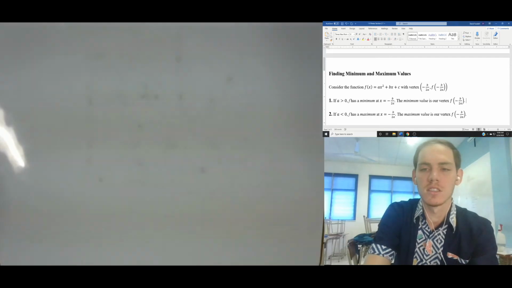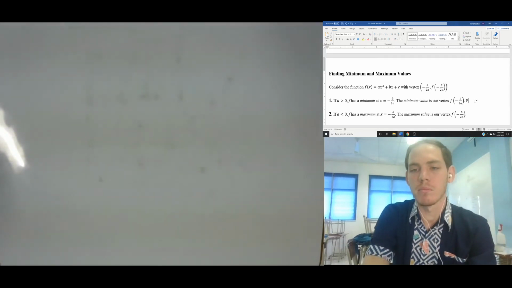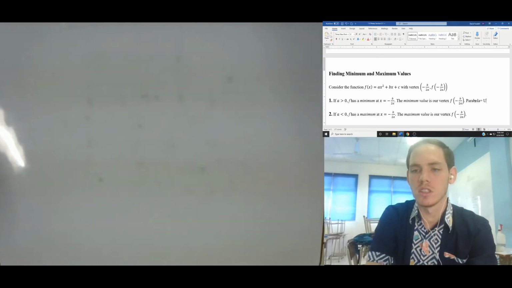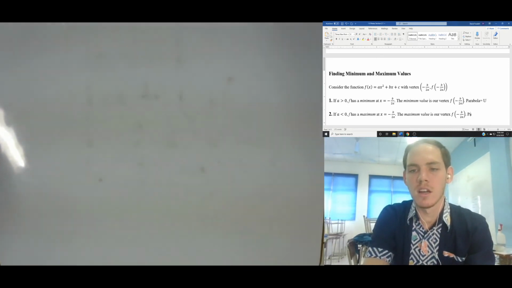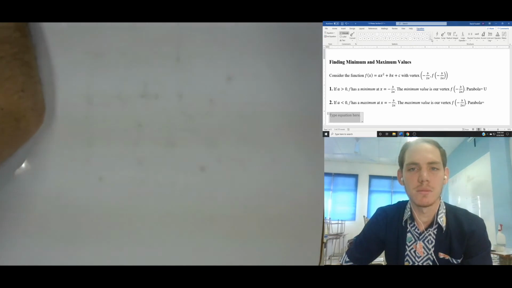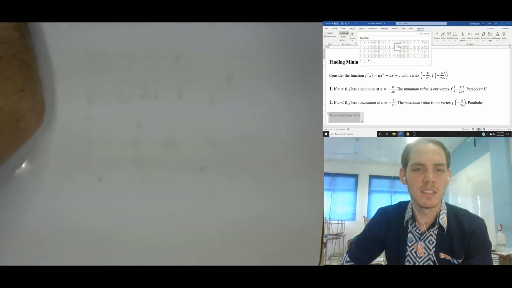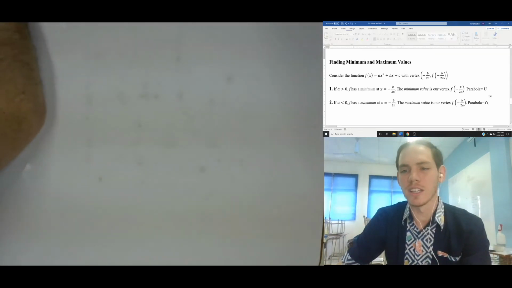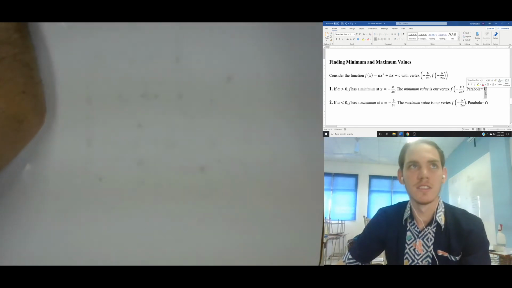So the minimum is when you have a U shape. The parabola is a U. When it's a maximum, the parabola looks like this symbol. I'm going to use a math symbol because I'm lazy. Oh, that is beautiful.